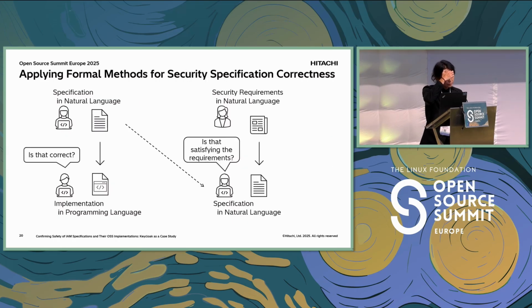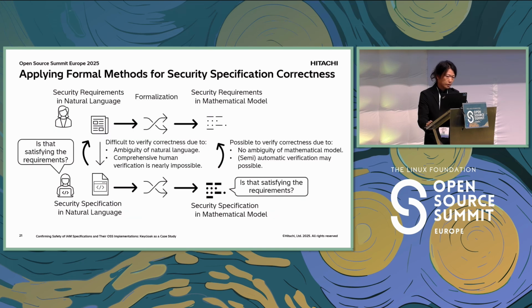Therefore, by substituting the specification with security requirements and the implementation with the specification, we can, by using a formal method, verify that the security specification satisfies the security requirements.